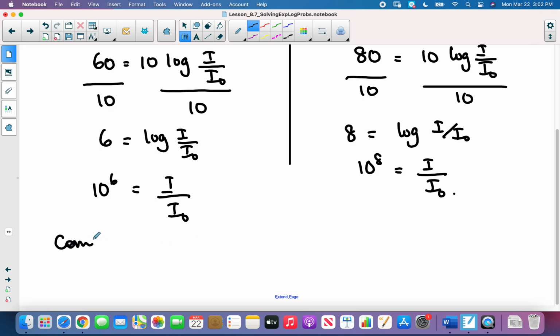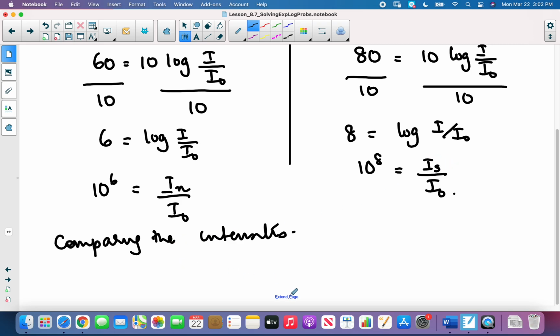Comparing the intensities, let's call this the intensity of a normal conversation, and this the intensity when you're shouting.